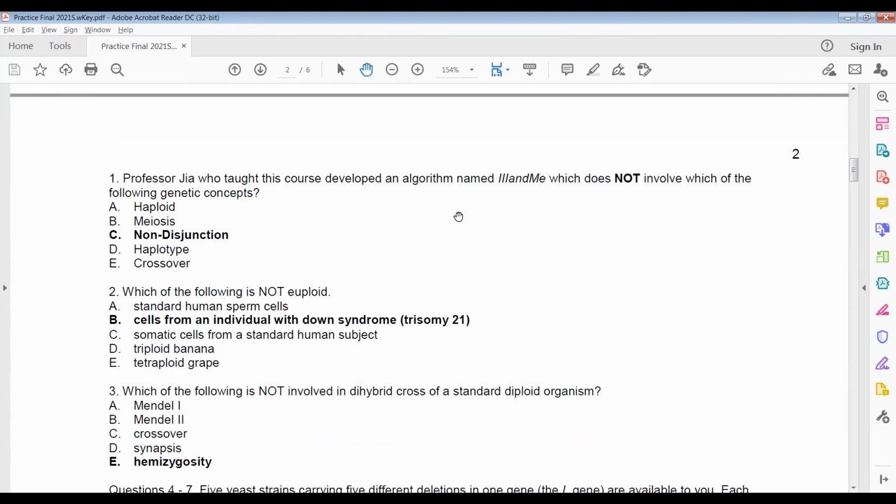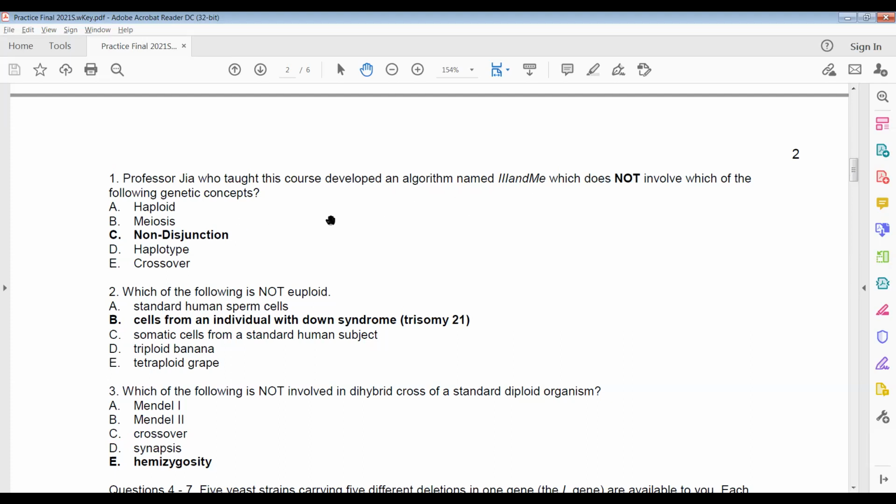We tried to develop a very highly efficient algorithm called 3andMe to infer the chromosome length haplotypes using genomic data from single gametes. You do not have to understand the entire thing, but basically you know what the project is about, and that's good enough for you to answer this question. But on the real final, I will definitely not ask the same question. This is only for example.